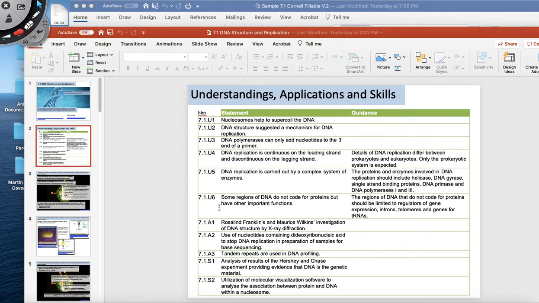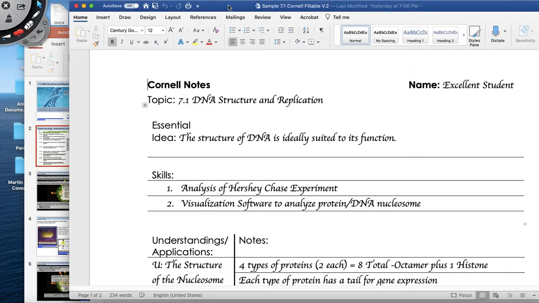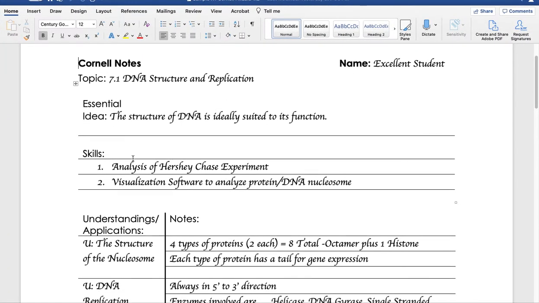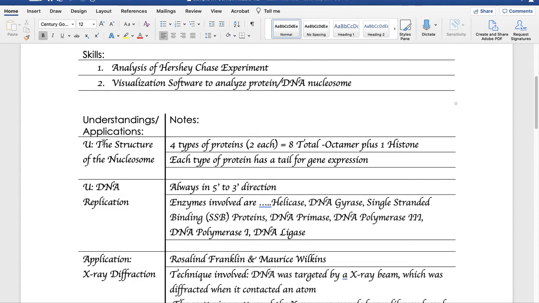If I take these understandings, I can simplify that into 2 topics: 1, nucleosomes, 2, DNA replication. If you notice here in the Cornell notes, that's what I did. I simplified my notes into 2 main understandings, which are the structure of the nucleosome and DNA replication.